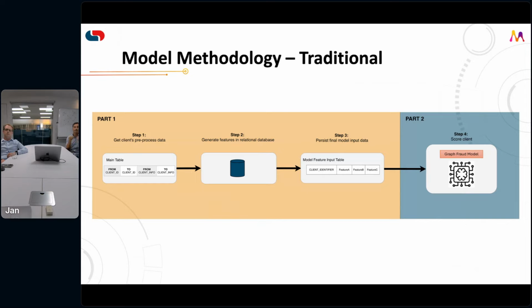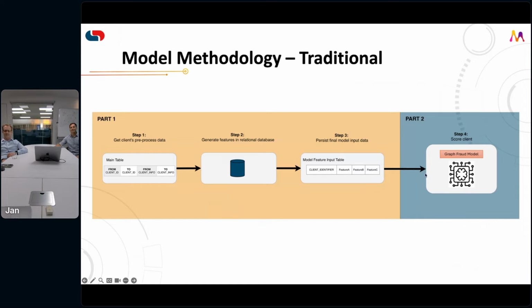Normally the table would have at step 3 the client identifier or any identifier, and then any features of this identifier record. As soon as you have this table, normally in data science, they say 80% is data engineering and 20% is data science. So well done to you. You've just achieved the 80%.